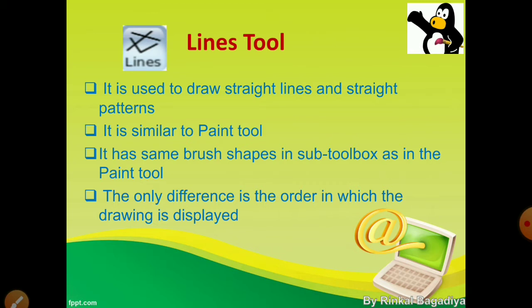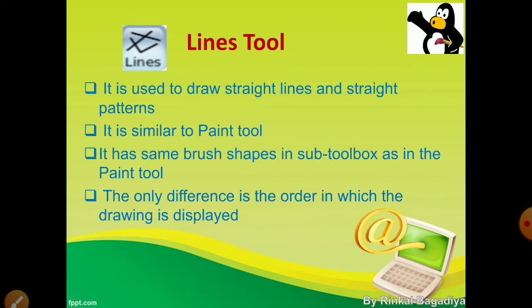The paint tool and lines tool work quite similarly, because the lines tool has the same brush shapes in its subtool box as the paint tool. It means the lines tool and paint tool subtool boxes are the same.